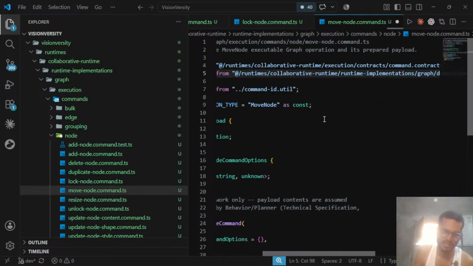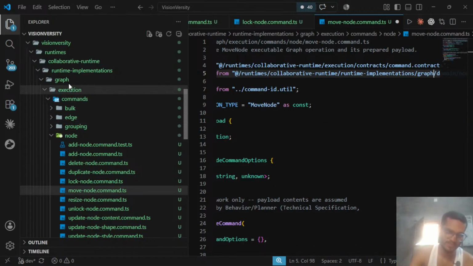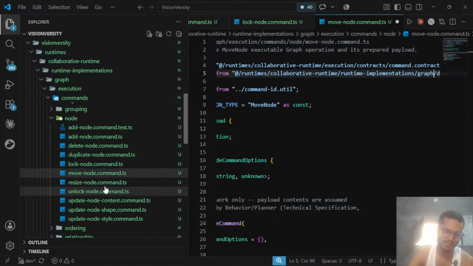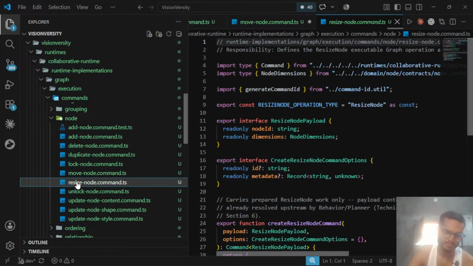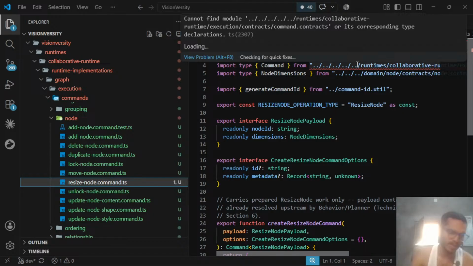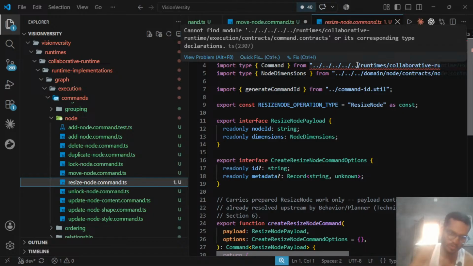So I'm just refactoring my code base. I write the execution component. I also have a testing file, but now the input path is wrong.